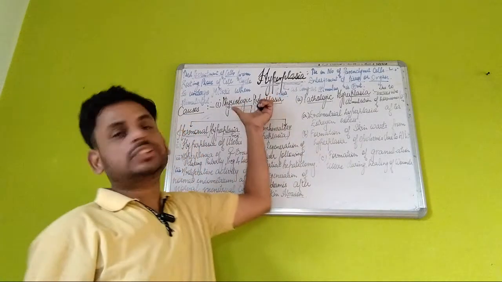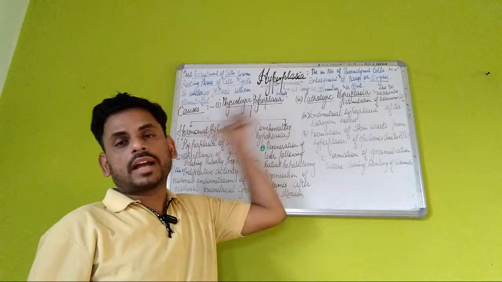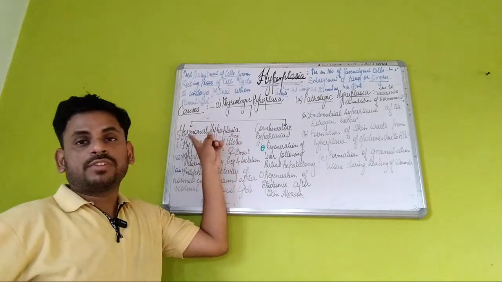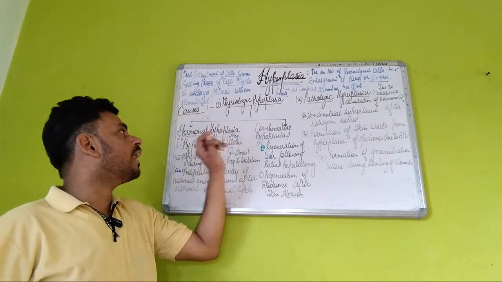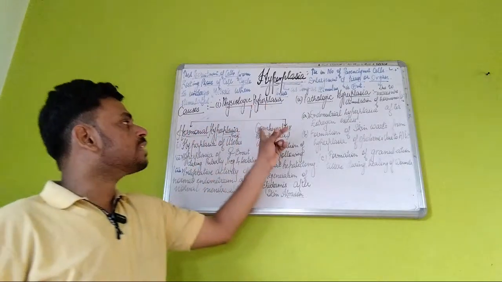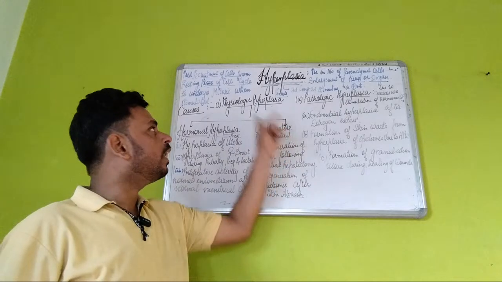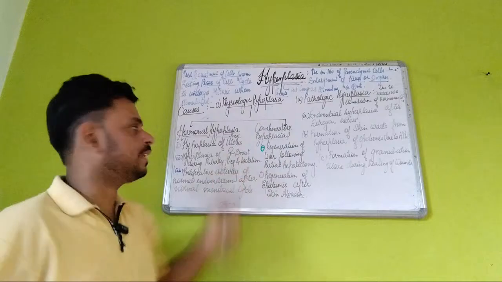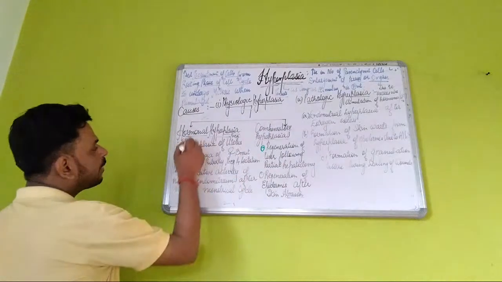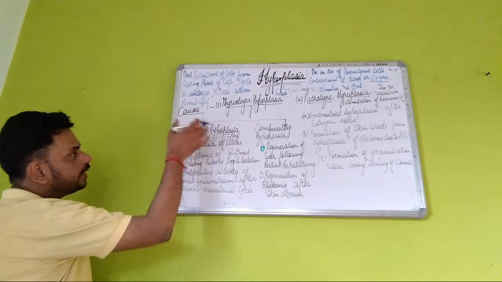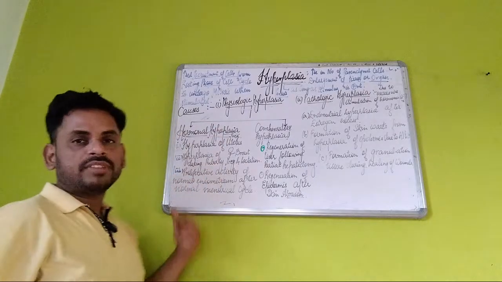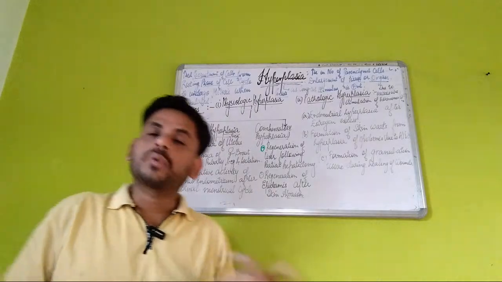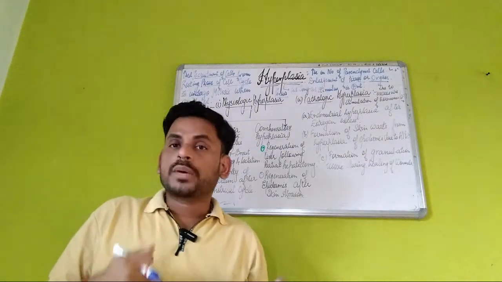In physiological hyperplasia, which can be subdivided into two, if it is occurring under the influence of hormones, it is called hormonal hyperplasia. And next we have the physiological condition which can be a compensatory hyperplasia. Looking at hormonal hyperplasia, under the influence of certain hormones the cells are going to increase in number, the cells are going to multiply.